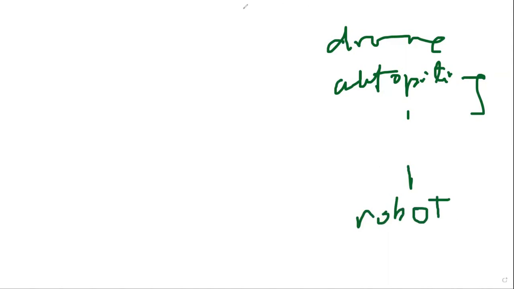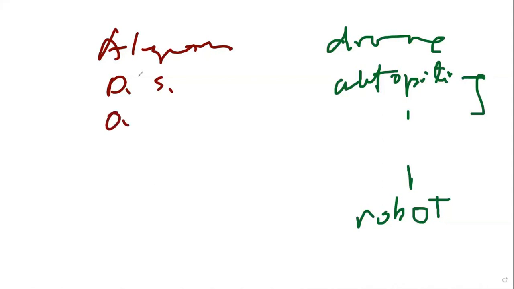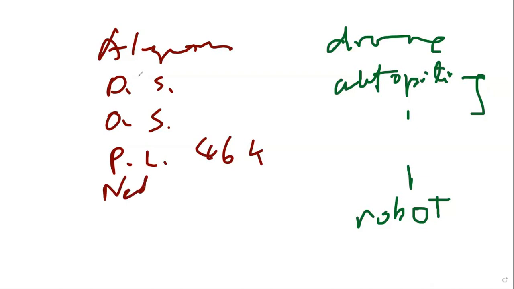In the past, when you became a computer science student, the core computer science courses told you that you need to study algorithms, data structures, operating systems, programming languages, like the one that I teach, 46K, networking, and databases.